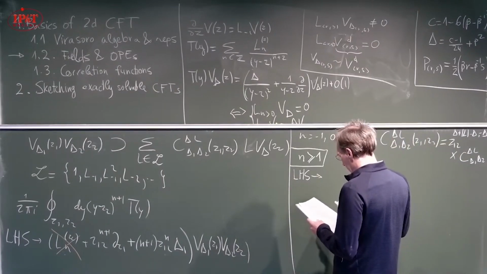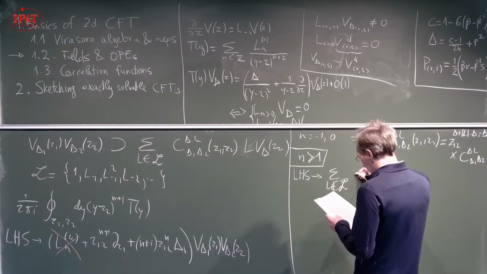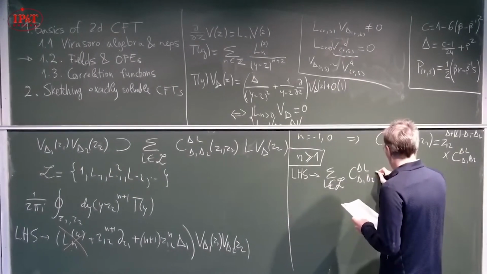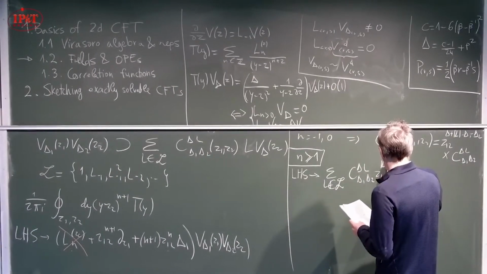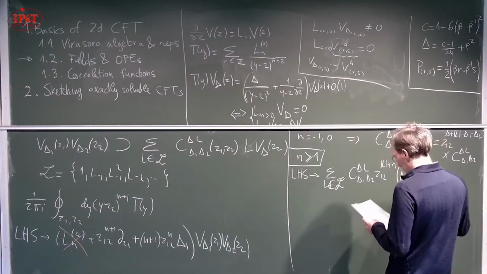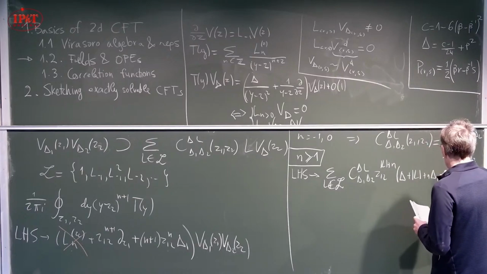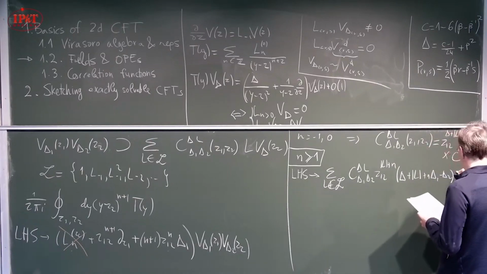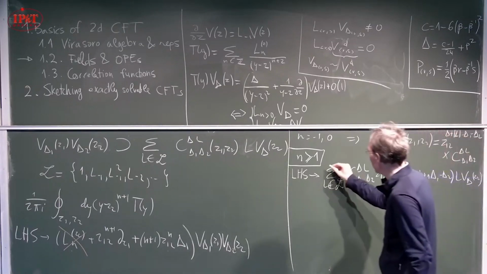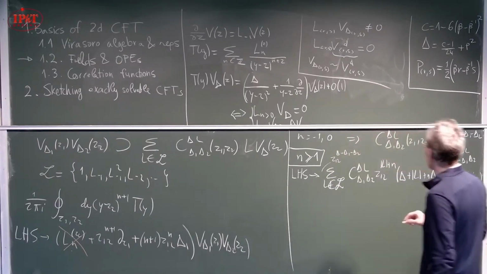It becomes the sum of this coefficient, now this constant coefficient, times z12 to the L plus n. Then we have a term delta plus L plus n delta 1 minus delta 2, L V delta of z2. And here I'm forgetting a prefactor, which is just z12 to the delta minus delta 1 minus delta 2.